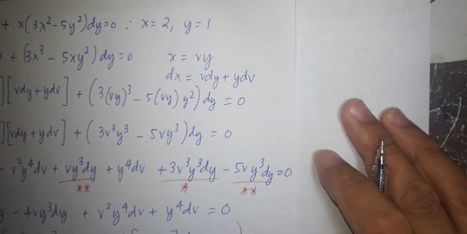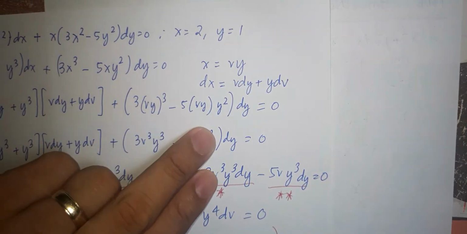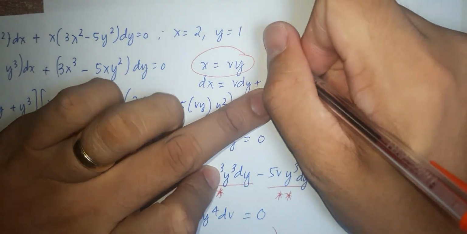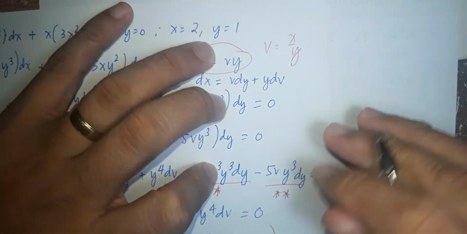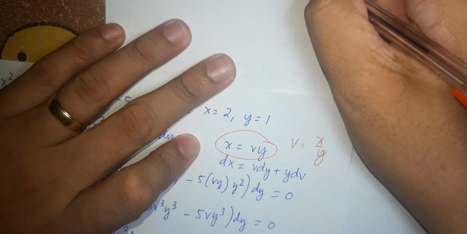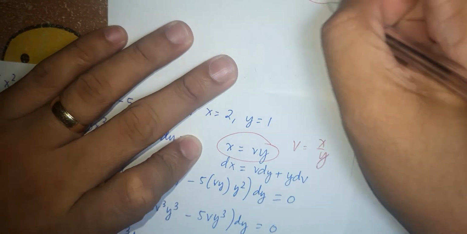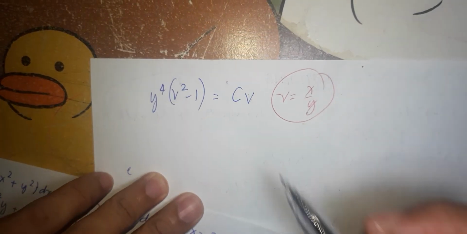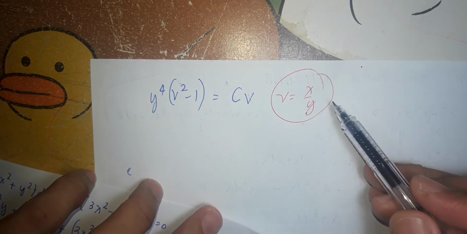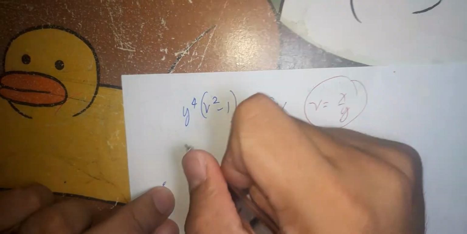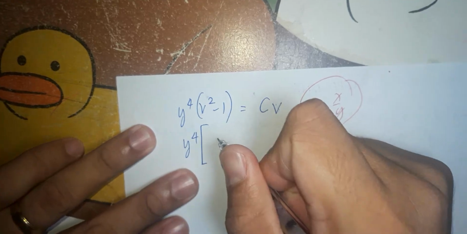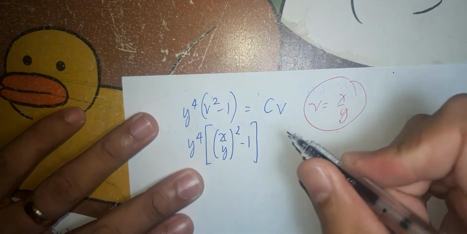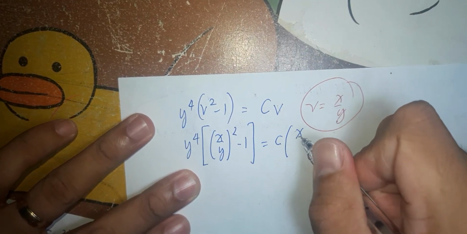But then again, from our substitution, what we have used as our substitution is x is equal to vy. Then v is equal to x over y. So replacing that v by x over y, substitute natin yung value ng v is equal to x over y. That gives you y to the fourth quantity x over y to the second power minus 1 is equal to c x over y.